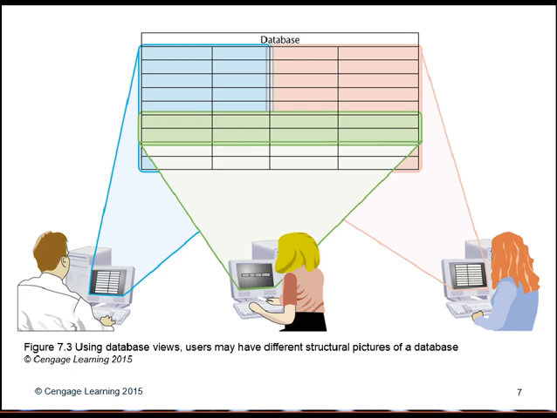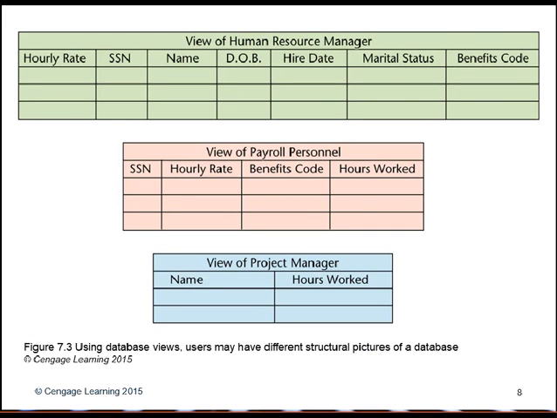Salary might be considered a private field, and so another user from one of the academic departments might look instead at a faculty view, which is the instructor's ID, name, and department, but without the salary. And again, using different database views, the users have different pictures of the database.